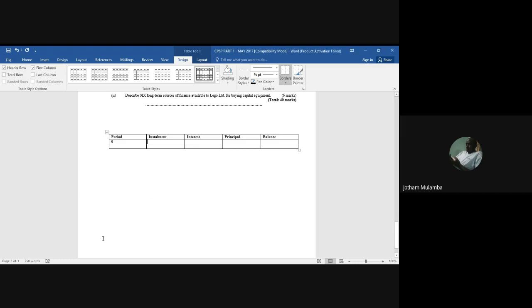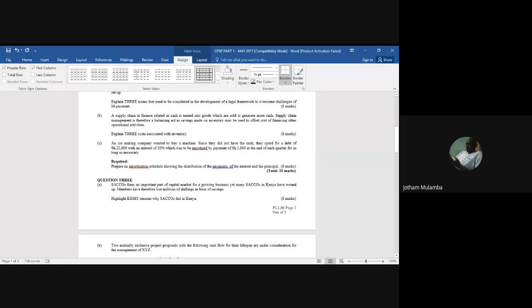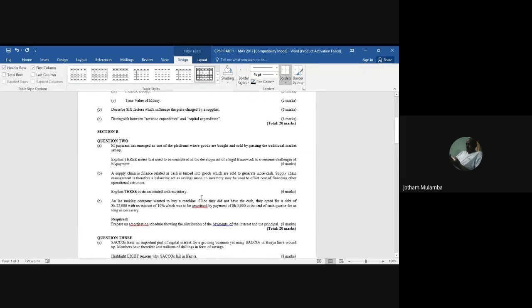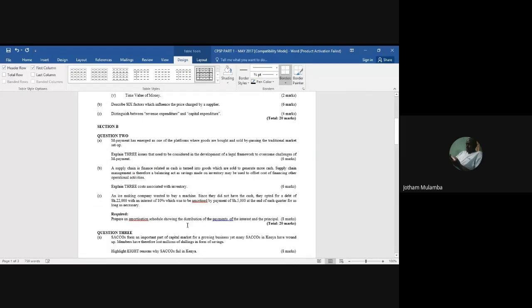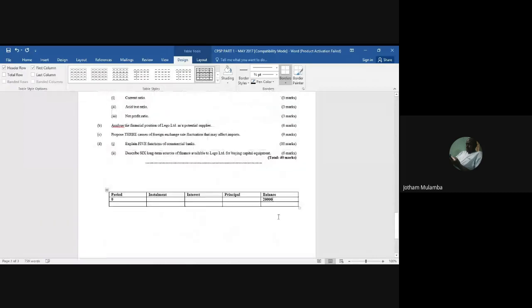So we have period 0, with a whole amount of 22,000, which is what they are to borrow. For period 1, they'll pay an installment of 5,000.